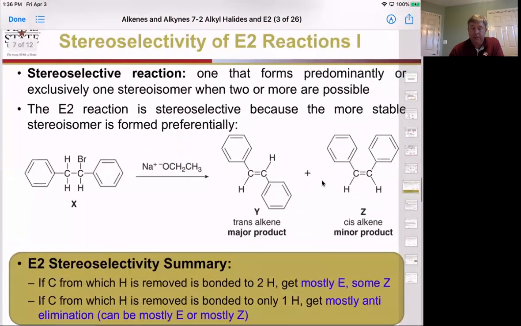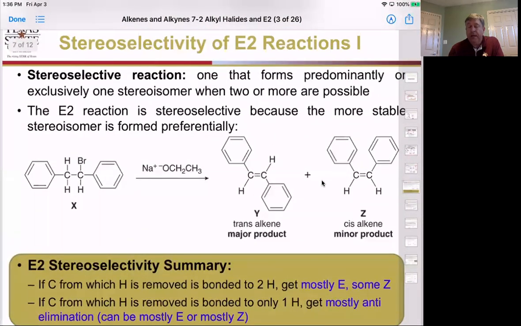Okay, so let's look at stereoselectivity, as to whether it's going to form a cis or trans isomer here. Because that double bond does not rotate, it's going to be fixed into one position or the other when you form that double bond. E2 reactions tend to form the more stable stereoisomer, and in most cases, the trans isomer is the most stable product, or the E isomer if you have groups.